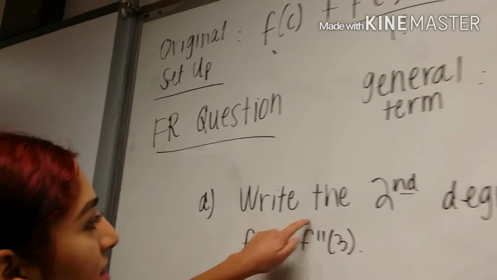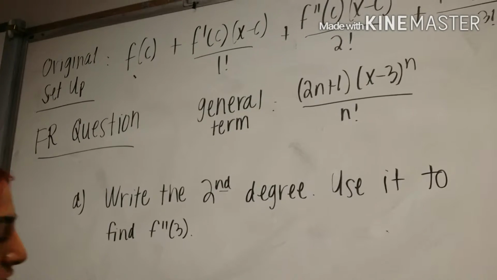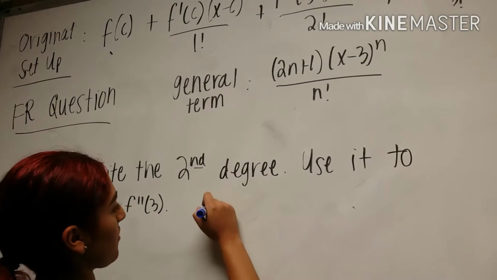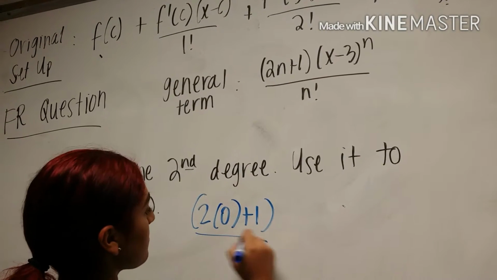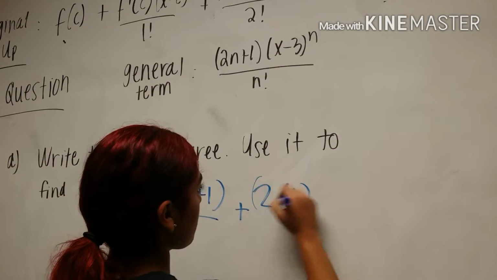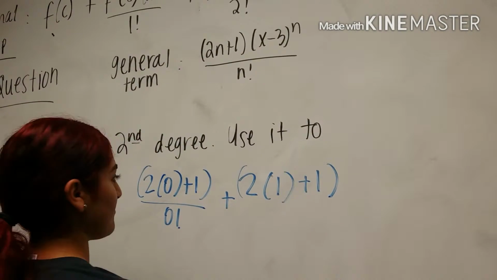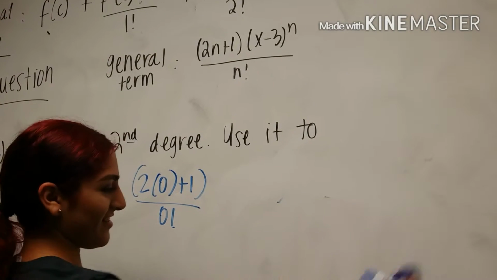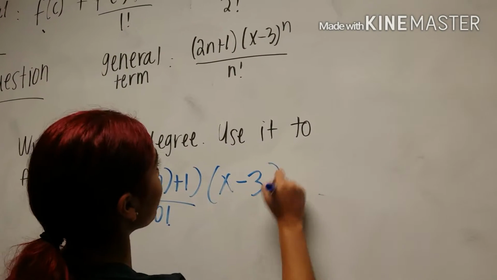Part A says write the second degree Taylor polynomial and use it to find f double prime of 3. So you're going to start off with n equals 0. Don't forget the center.